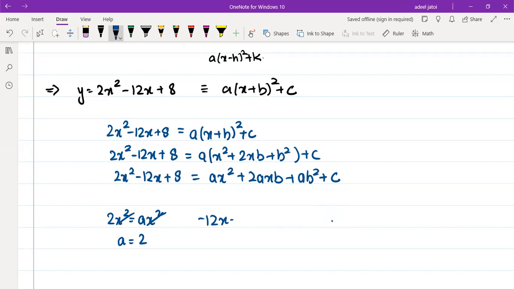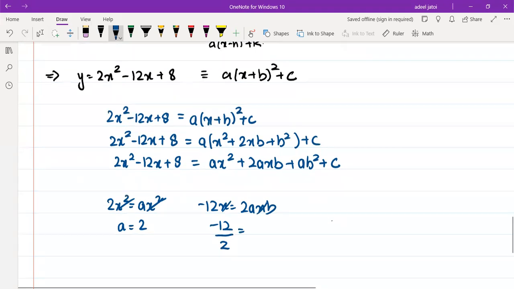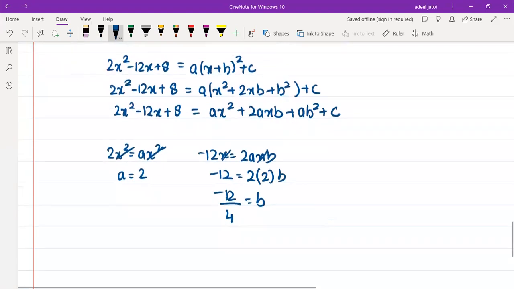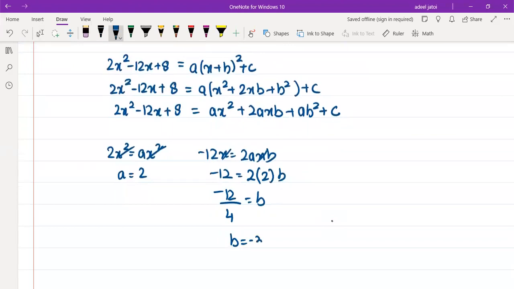Minus 12x is equal to 2axb. X is cancelled. Minus 12 upon 2 is equal to, let's just solve the above value first. 2 2b. We could have already solved the above value, and then b is what? Minus 3.